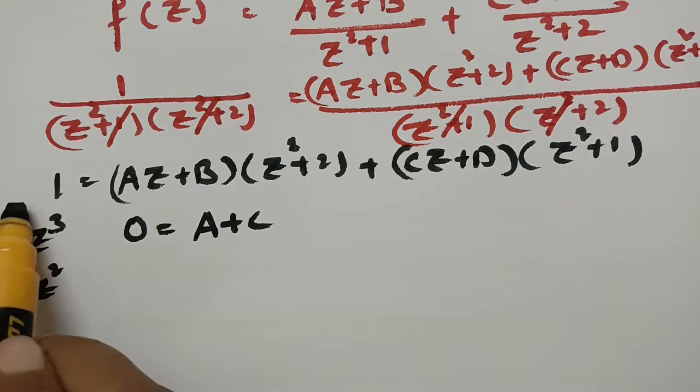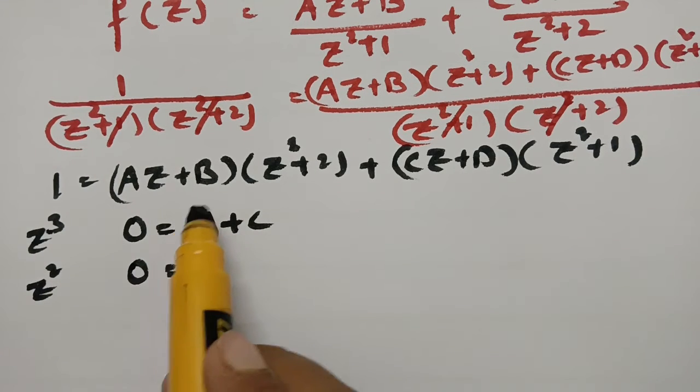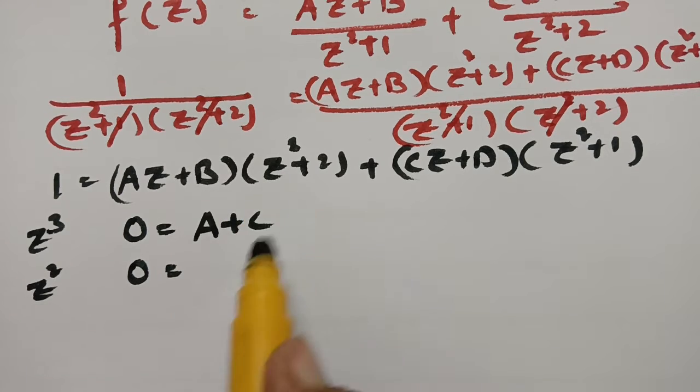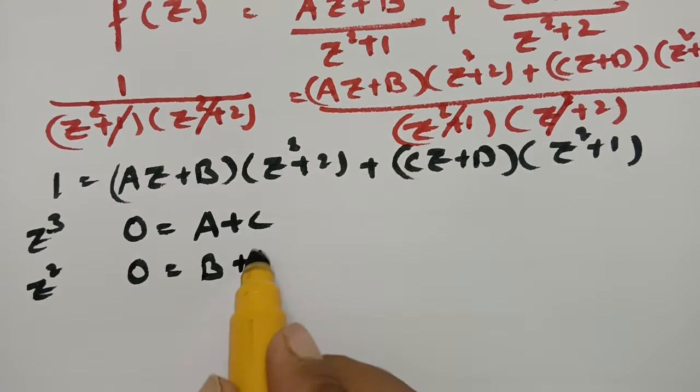And now comparing z square coefficients on both sides. On the left hand side there is none, the coefficient of z square is 0, and on the right, b into z square, so the coefficient is b, and d into z square, so plus d. Clear?